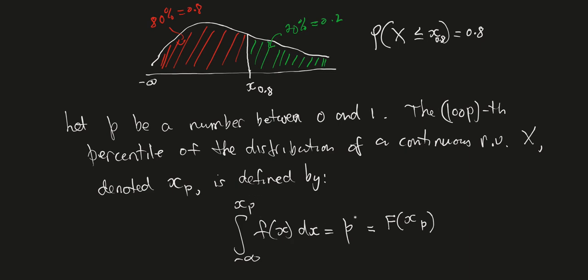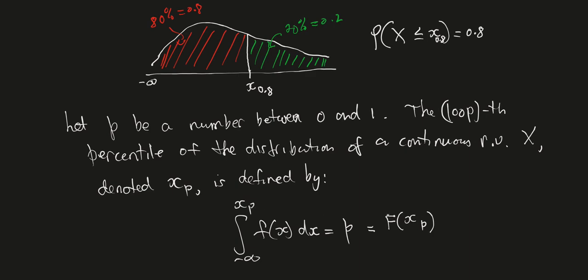So if I know what percentile I'm looking for, I would either use calculus on this side, and I have to do an integral with a placeholder for my upper limit, and then set that equal to p and solve for x sub p.